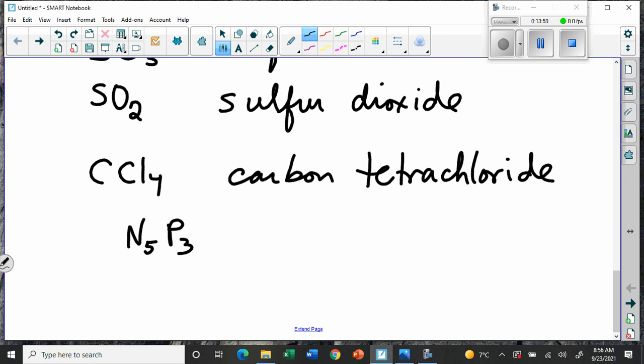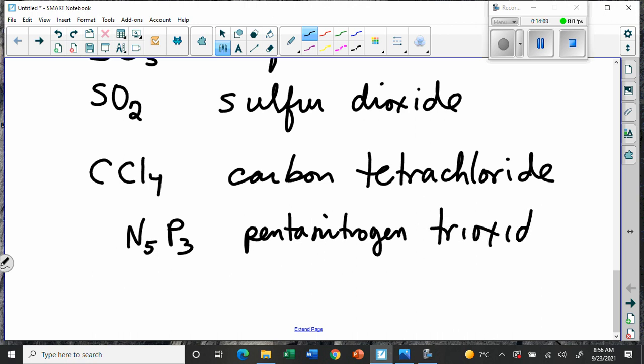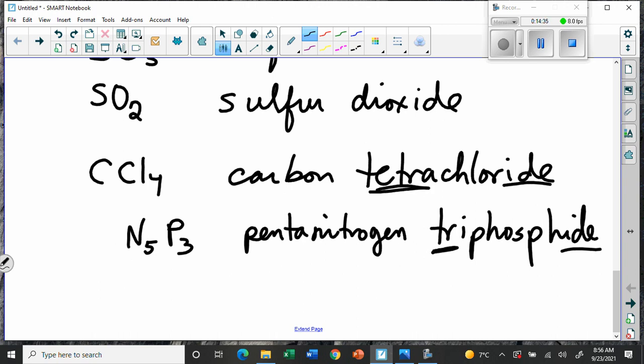That would be called pentanitrogen. Trioxide. Right? 5 N's and 3. Oh, no, sorry. Not oxide. My mistake. Triphosphide. I got a little carried away there. Triphosphide. That's better. Notice that we still use the "ide" ending on the second word, but we have the prefixes with it to show how many there are.